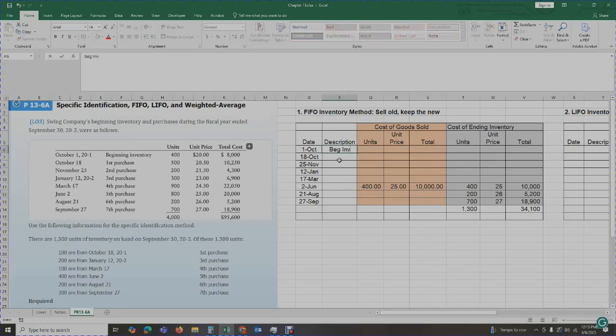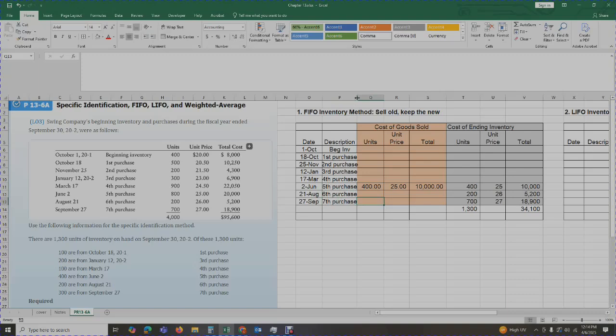This is my beginning inventory. This is the first purchase, second purchase, third purchase, fourth purchase, fifth purchase, and seventh purchase.